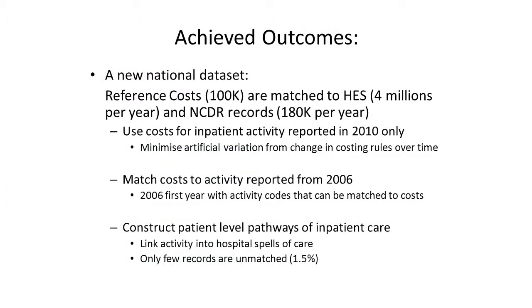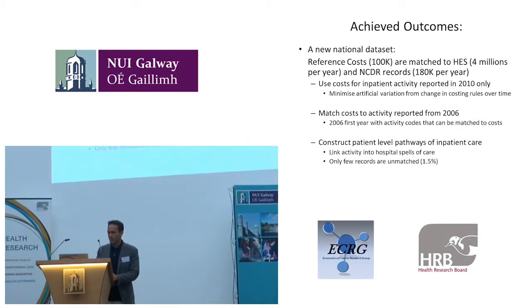Now, the achieved outcomes. This is an ongoing project, and so far we've managed to match the cost of hospital care only for inpatient admissions with utilization of hospital services.